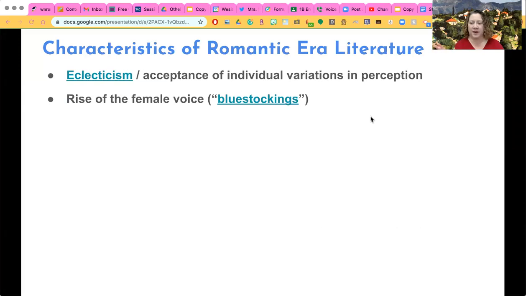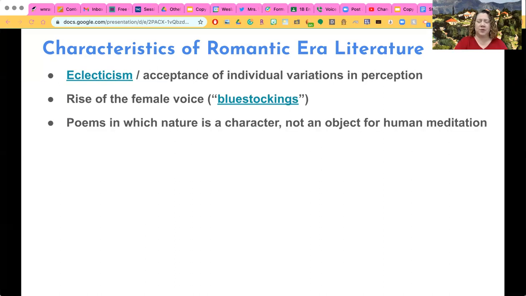We haven't really read very many female writers. I guess you could say The Wife of Bath, but technically her character was written by a man. So we start to hear from women in literature as serious writers, and it doesn't mean that they didn't exist previously. It just means that they weren't highlighted because of society's views of women writers.